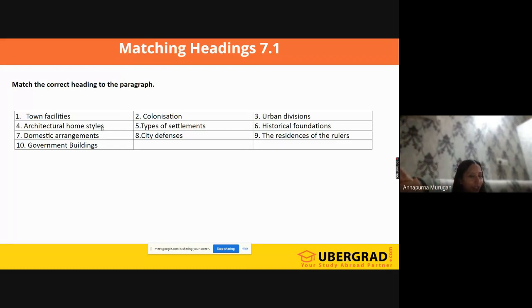Historical foundations, no. Domestic arrangements, no. City defenses, no. The residences of the rulers, no. Government buildings, no. What is a town? In a town, people settle, right? They are saying that there are two types of towns. So that means types of settlements. Yes, that is where you get it.